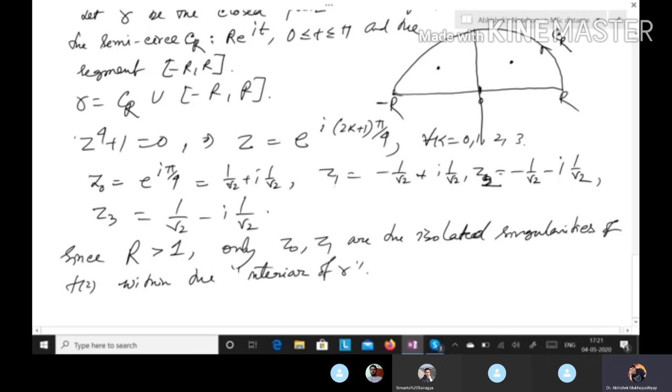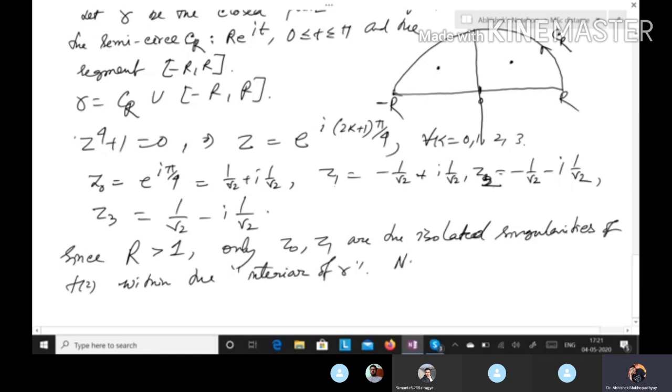Among these 4 roots, we need to consider only 2, z0 and z1, because they lie inside the path gamma. Other roots can be deferred.